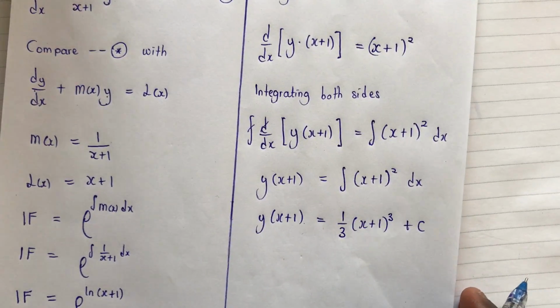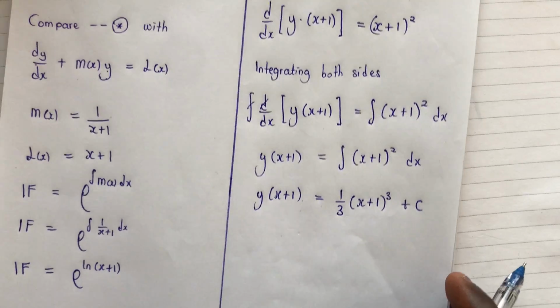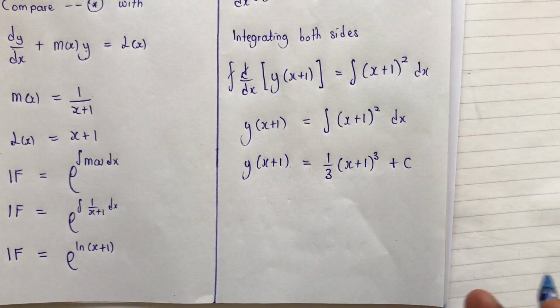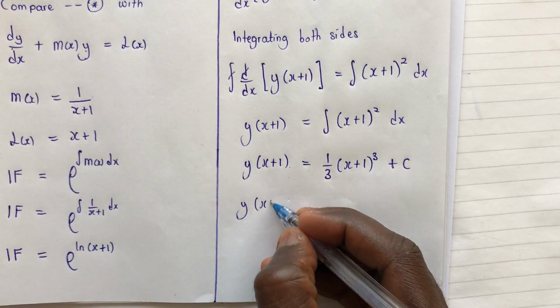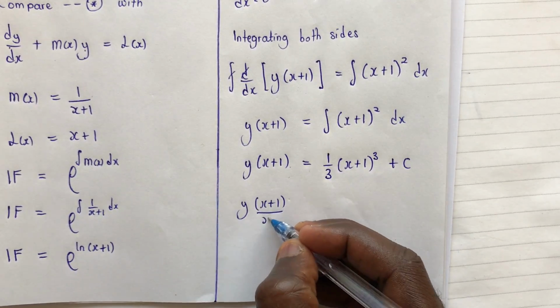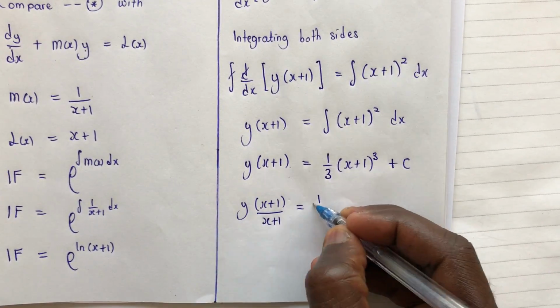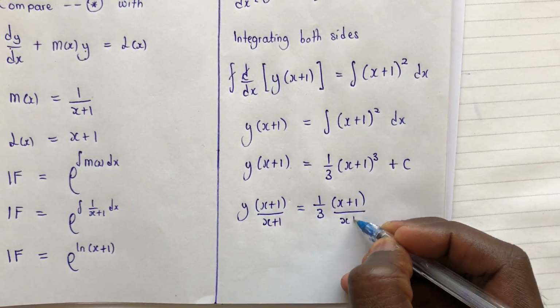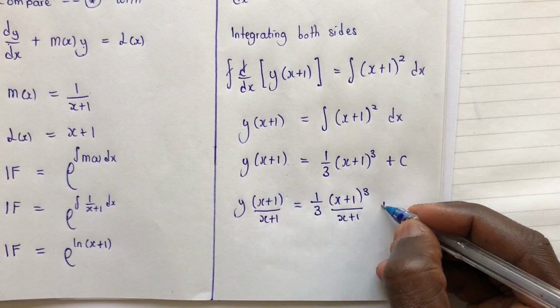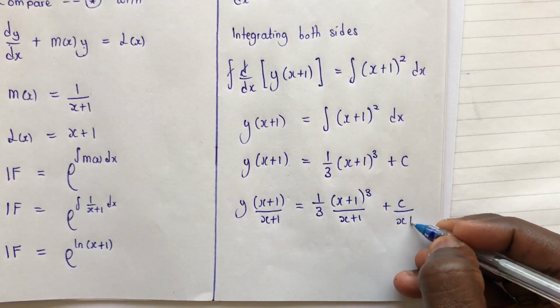Now let's reduce the equation to the simplest form by dividing through by x plus 1 to make y the subject. So we have y times x plus 1 over x plus 1 equal to 1 over 3 times x plus 1 cubed over x plus 1, plus c over x plus 1.